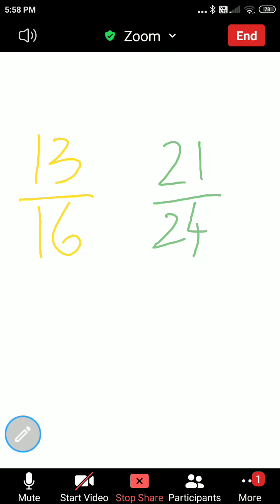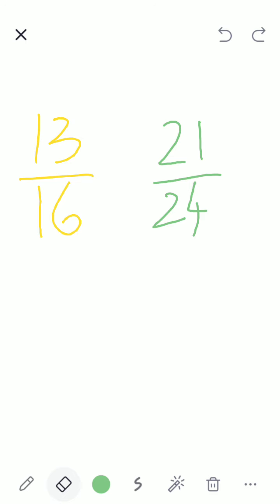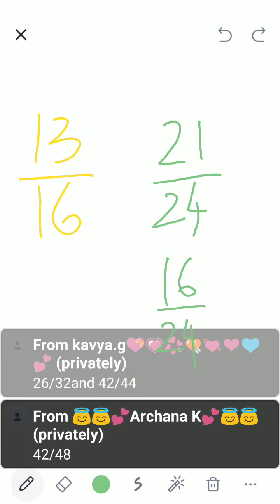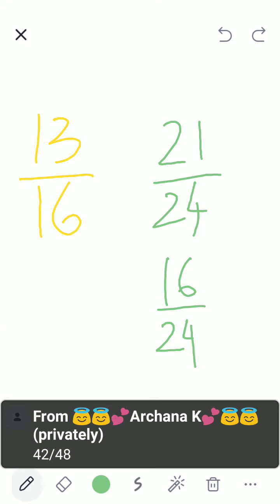Please tell me which is bigger. Okay, then one more fraction I'm giving in green. Archana, give me the original fraction.